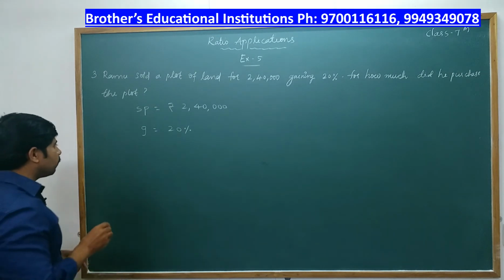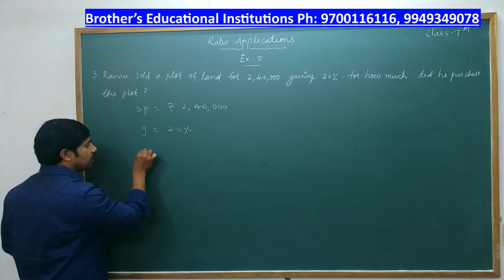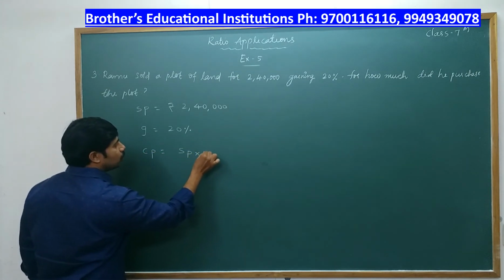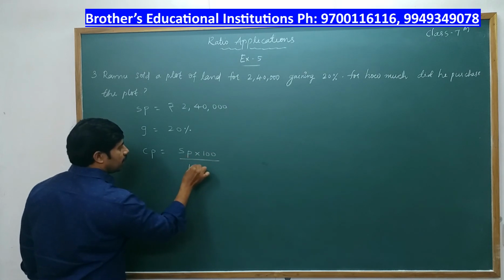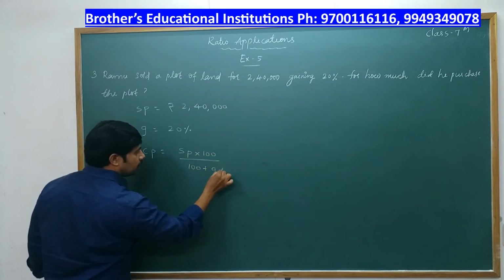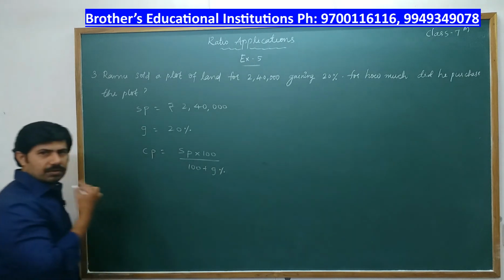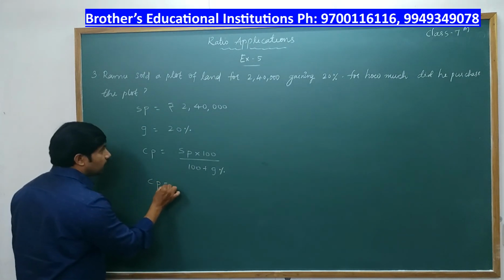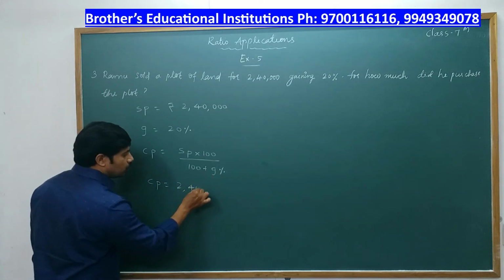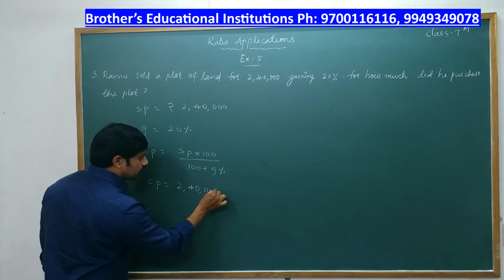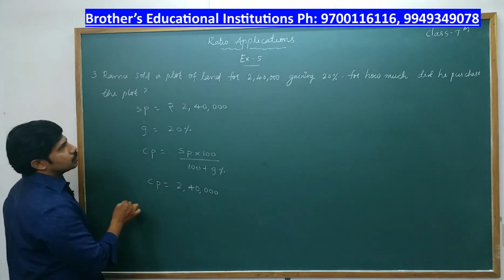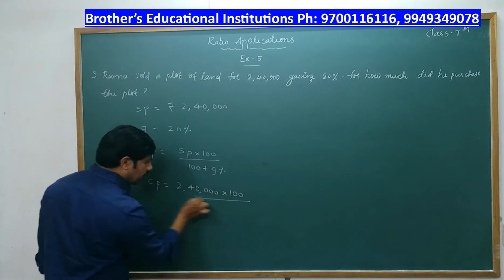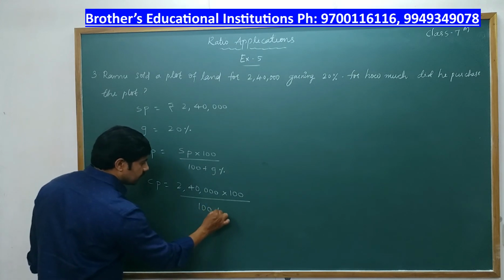Now what is the formula of cost price when we have gain? Cost price is equal to selling price into 100 by 100 plus the gain percent. So this is a formula. You have to remember this. Now we will substitute. So cost price is equal to selling price, it is 2,40,000 into 100 by 100 plus gain percent.